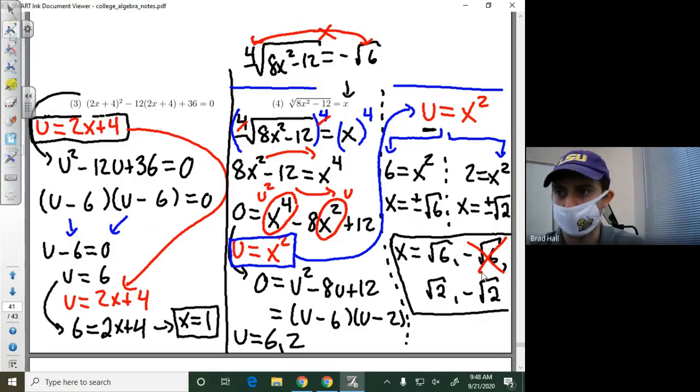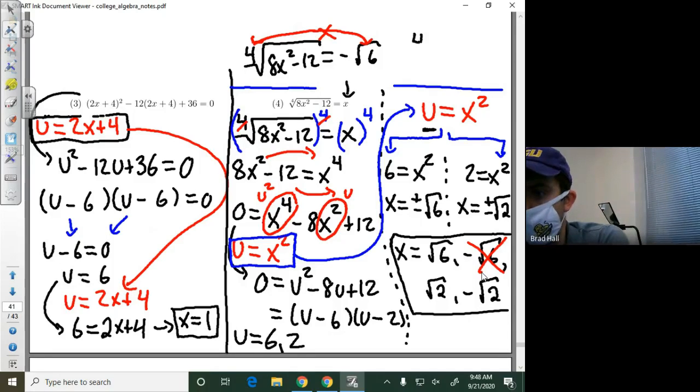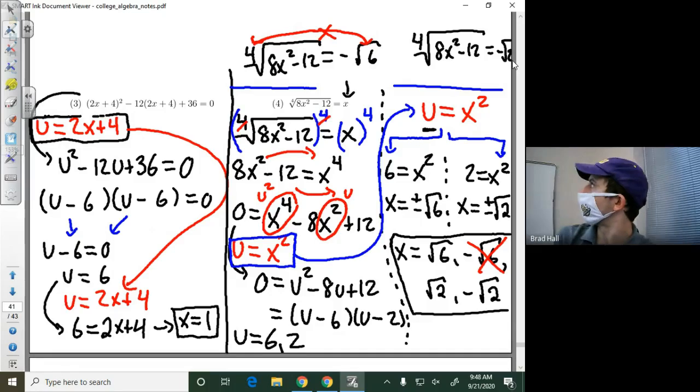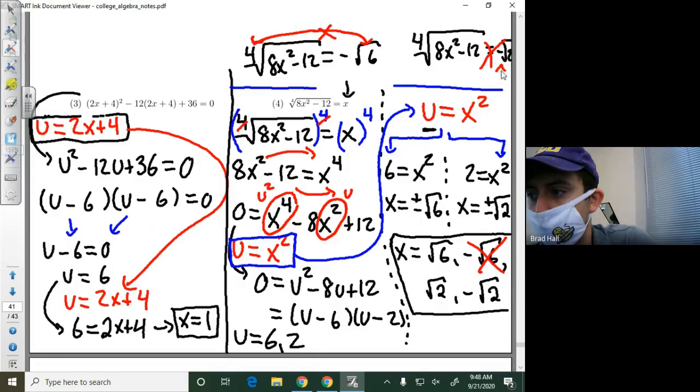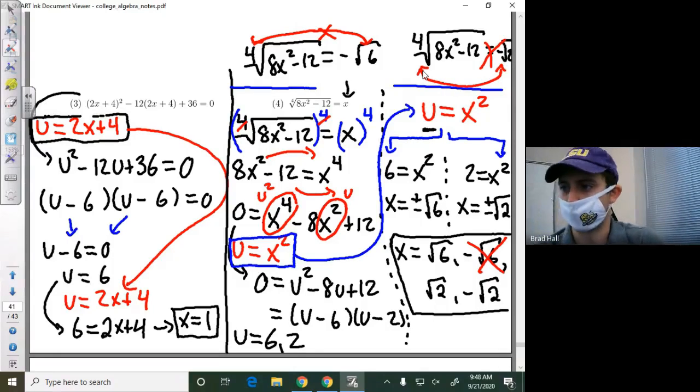Same with the negative square root of 2. That was another one we found. This cannot happen either, because a 4th root cannot output a negative number. Simple as that.